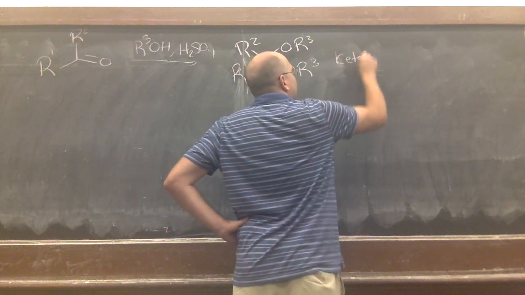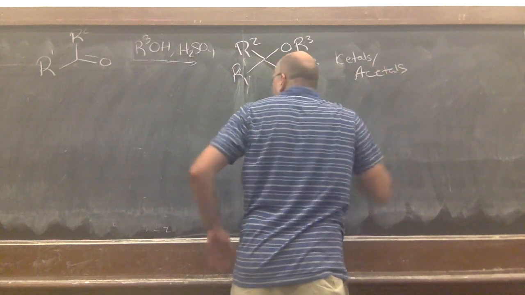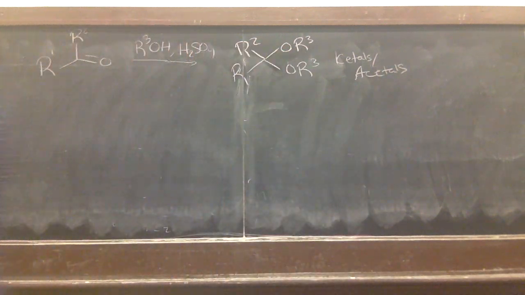Ketals, acetals. Really, the only difference between a ketal and an acetal is that a ketal will come from a ketone, and an acetal will come from an aldehyde.